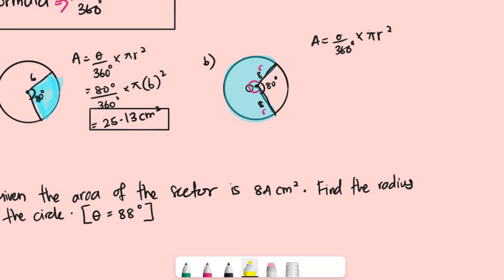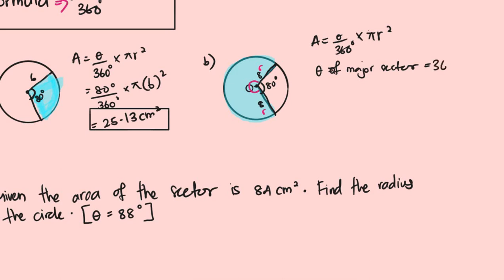So how will I go about that? I'll find the theta of the major sector. So first I need to find theta of the major sector. So how will I do that? I will take 360 degrees minus theta of the smaller sector, which is 80 degrees. So 360 minus 80, I will get 280 degrees.